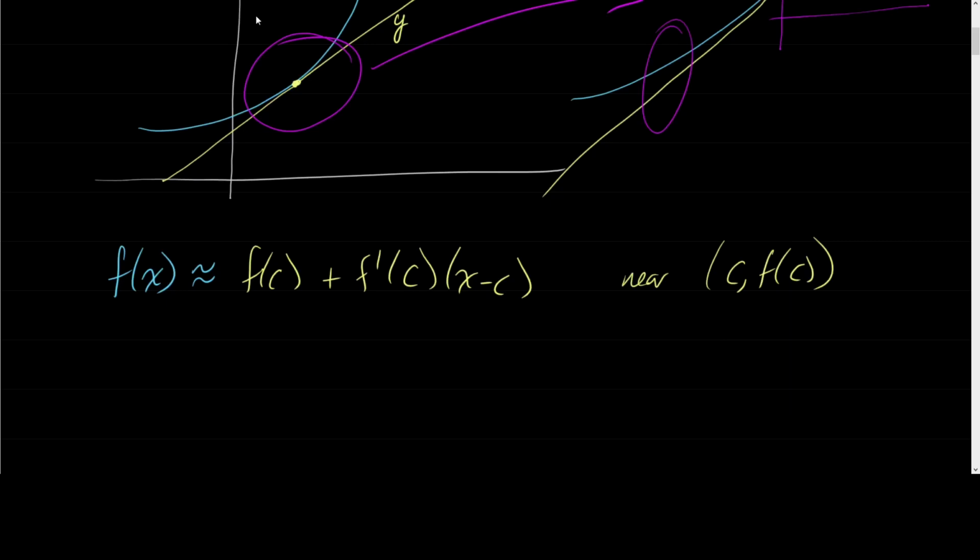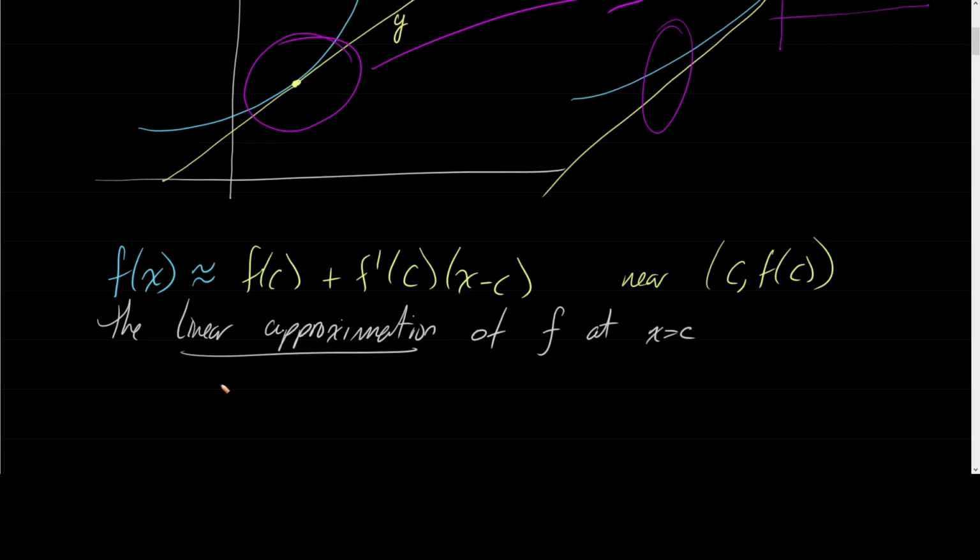This is called the linear approximation of f at c.